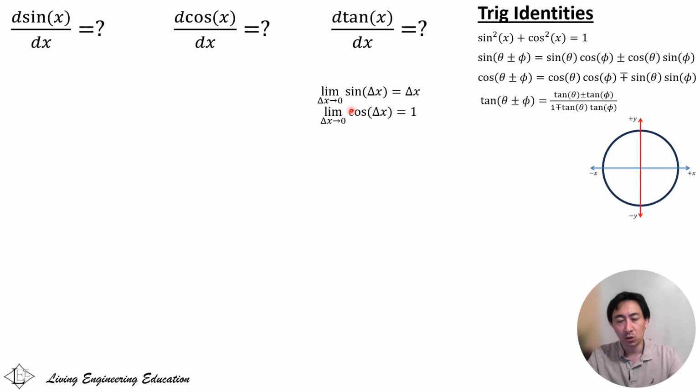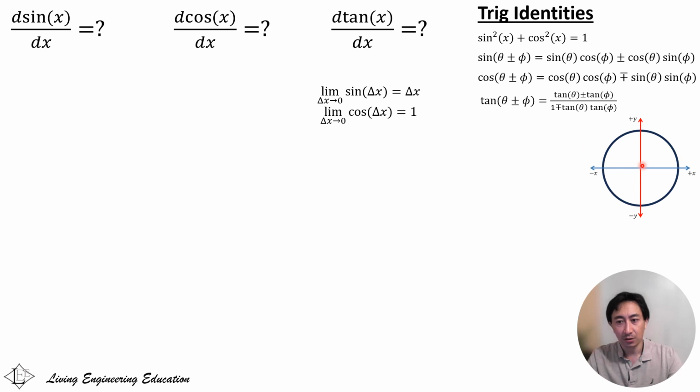And it's going to be important for us to understand how this is affecting sine and cosine separately. So for cosine, delta x approaching 0 is basically along this x-axis. So if it's a very, very small value, basically 0, then we could say cosine delta x is equal to 1.